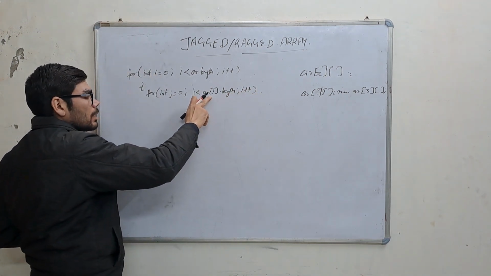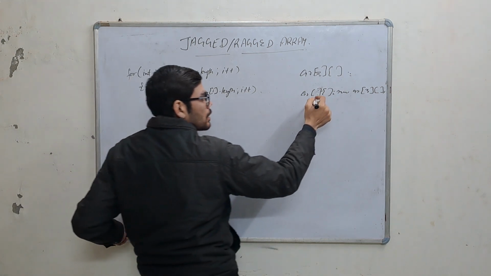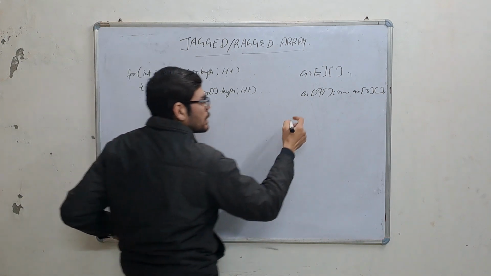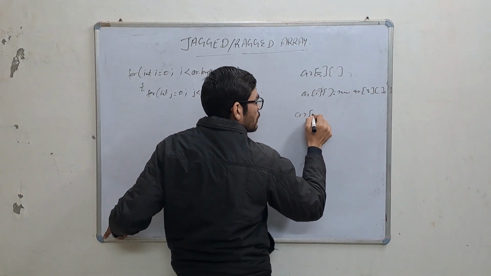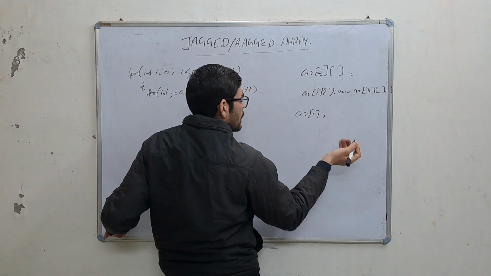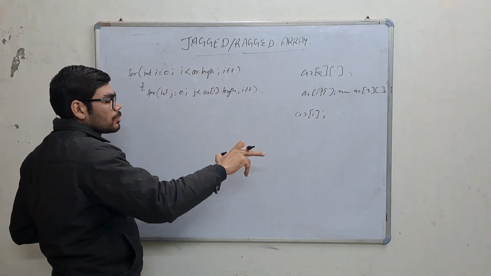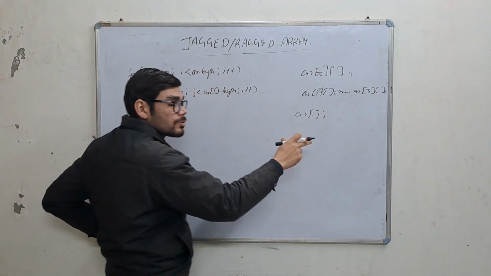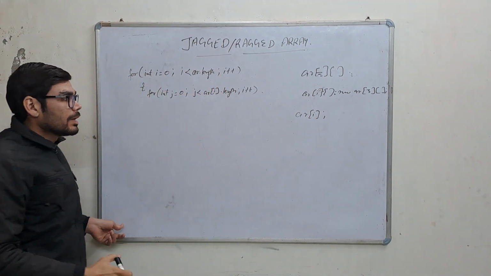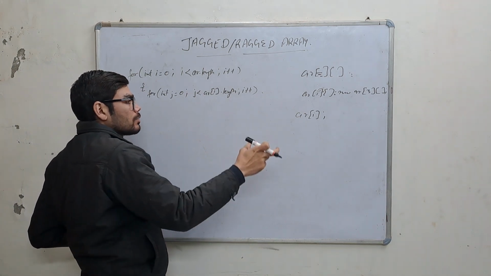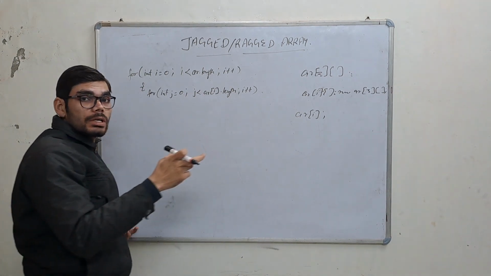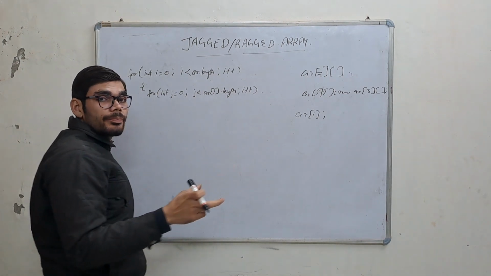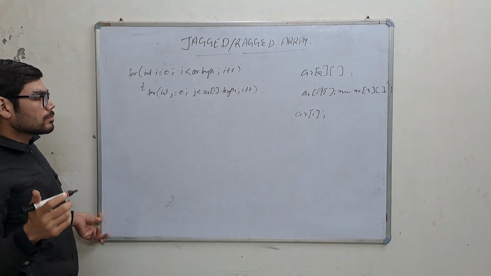Here AR[i] means the ith row, that is the length of the ith row. If i is 0, then it will count the number of columns for the 0th row, and when i will be 1, it will count the number of columns for the first row, and when i will be 2, it will count the number of columns for the second row.